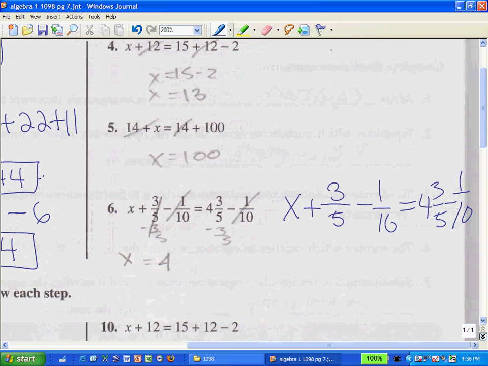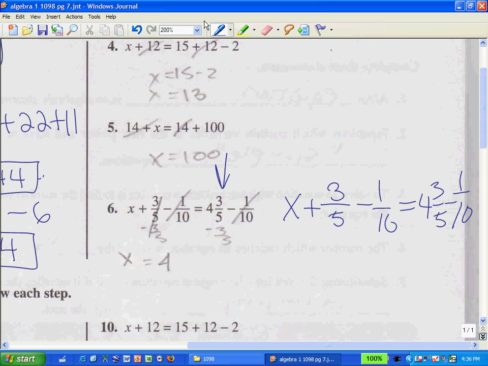Alright, so before I can solve this equation, there are different things we could do. What I'm going to do is get rid of these two, because they're the same, right?